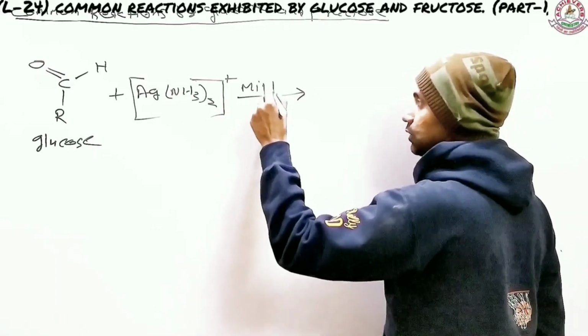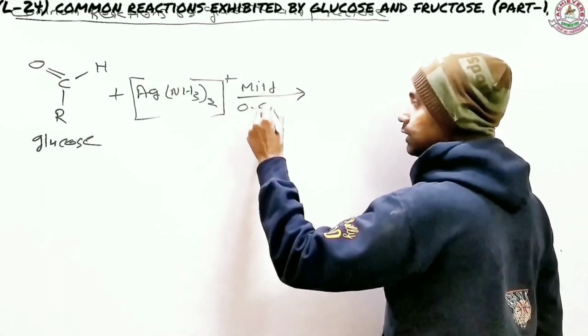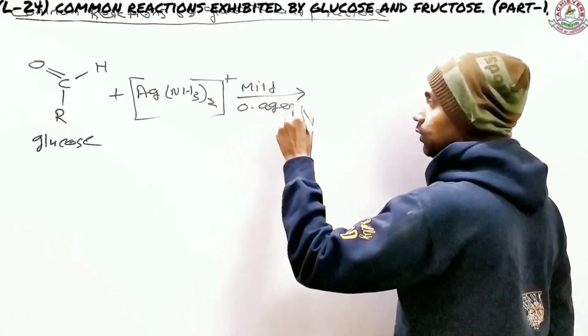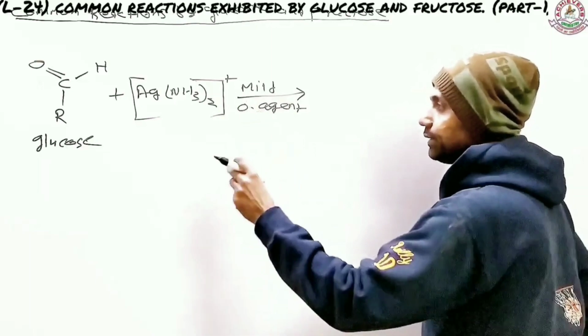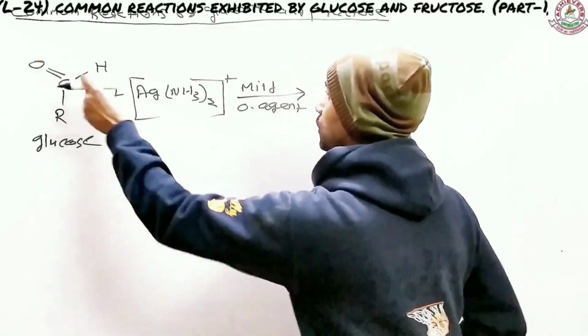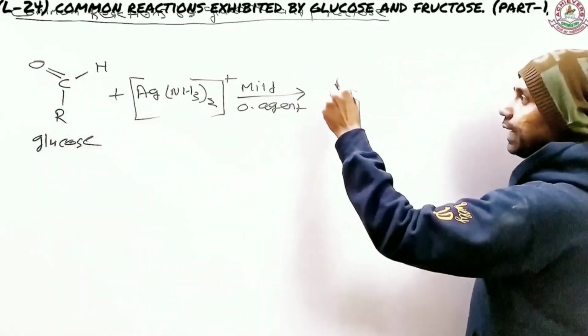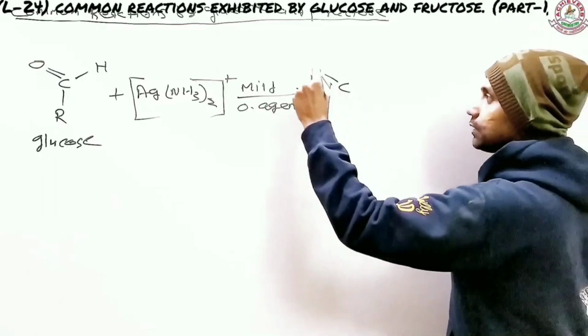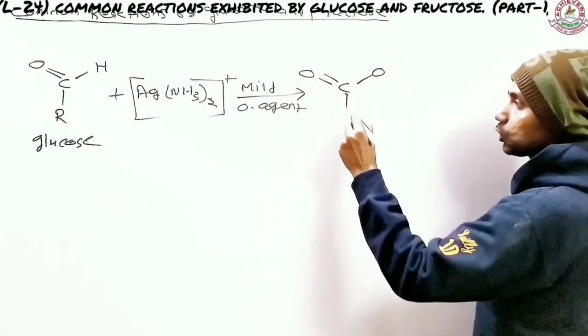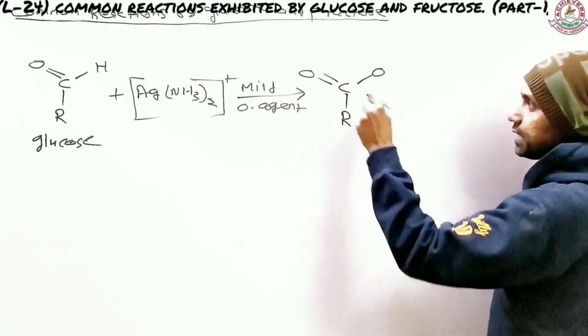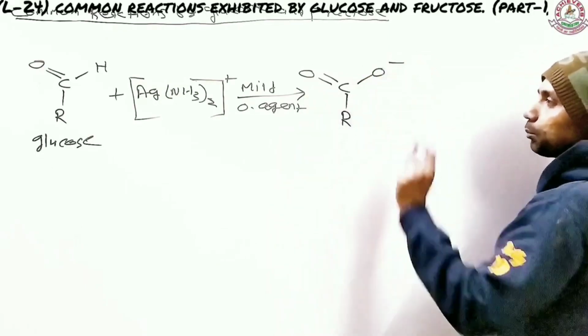You have to pay attention. Because this is a mild oxidizing agent, this aldehyde will convert into a carboxylate. So this goes like C, and again a carboxylate anion, and the rest of the things have no change taking place here. So this becomes a carboxylate.